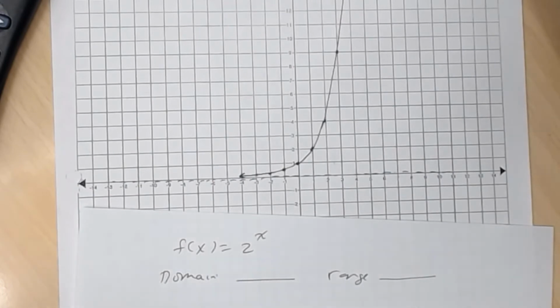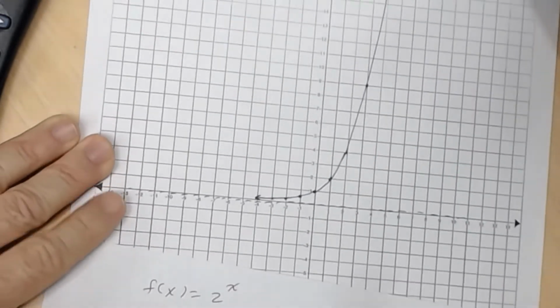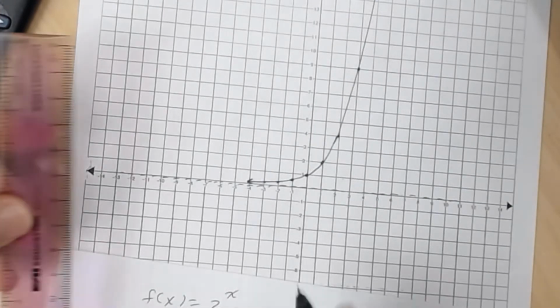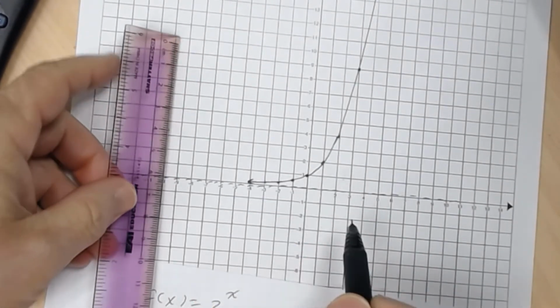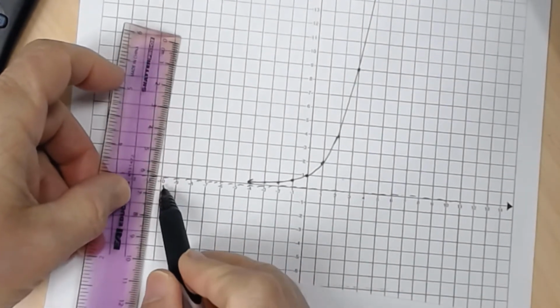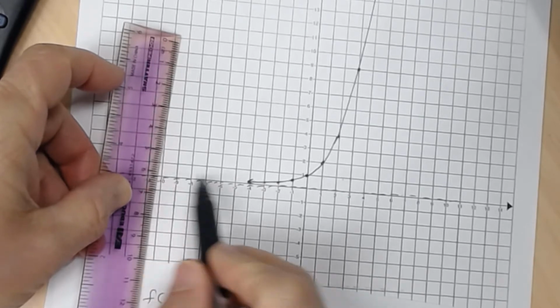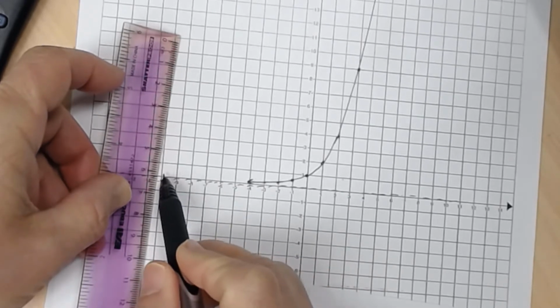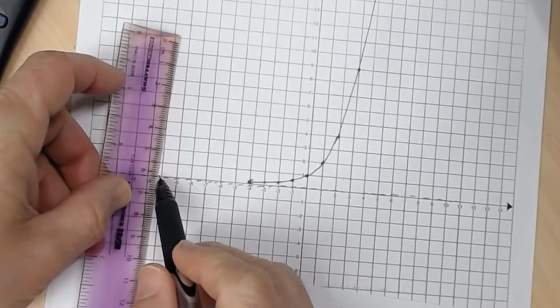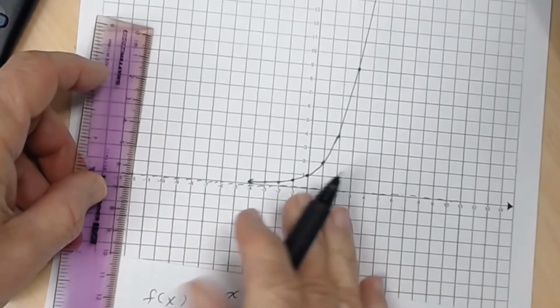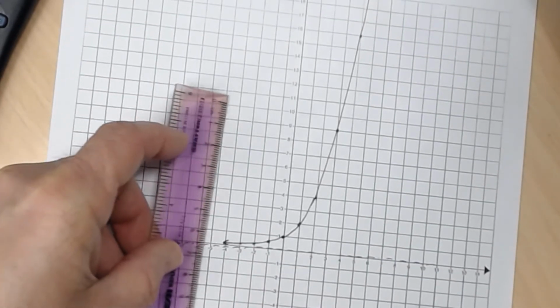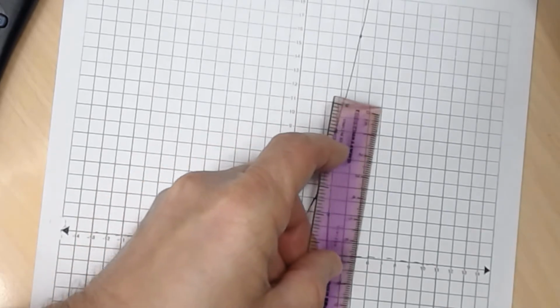All right, so domain and range first. We're going to use our ruler, just like we did with previous graphs. Let's go about the domain first. So notice my domain. This is an arrow that goes this way, right? So when x is negative, whatever this value is, am I going to get a point on the graph? Sure I will. It'll be very, very close to 0, but I'll still get a point on the graph. So do y'all see I'm going from negative infinity all the way to positive infinity?